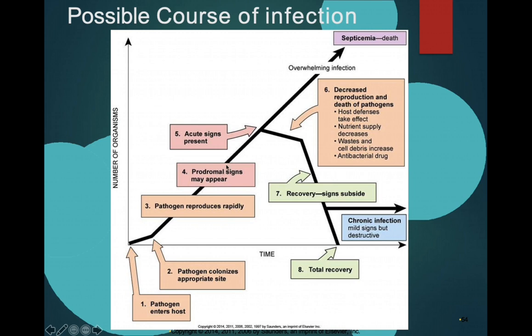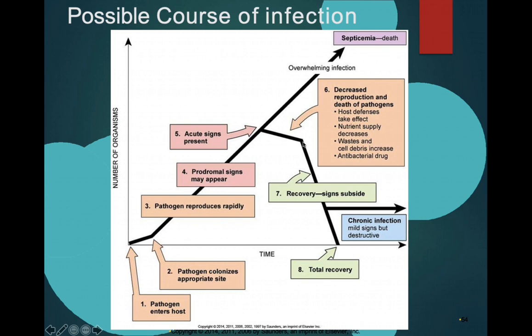Maybe they're not feeling too good, and then they become very symptomatic. The acute sign presents. And one of two things happen. It either gets out of control and it continues up to an overwhelming infection, septicemia, and that could lead to death, or they get it under control, decreased reproduction and the death of the pathogen.